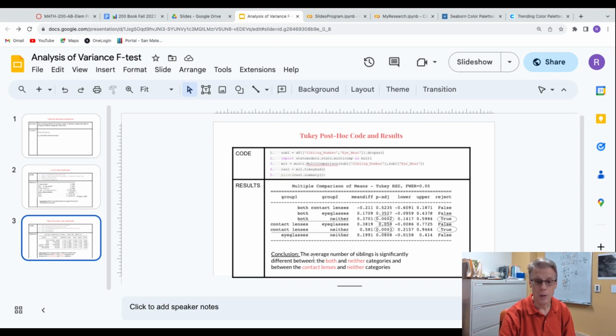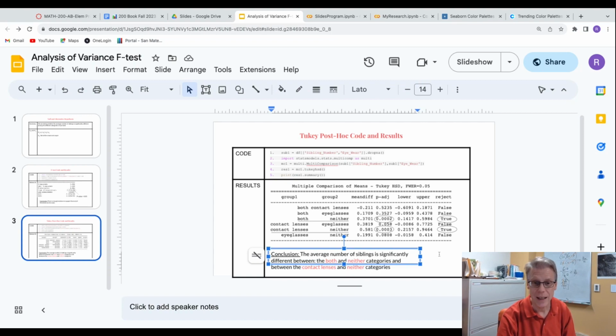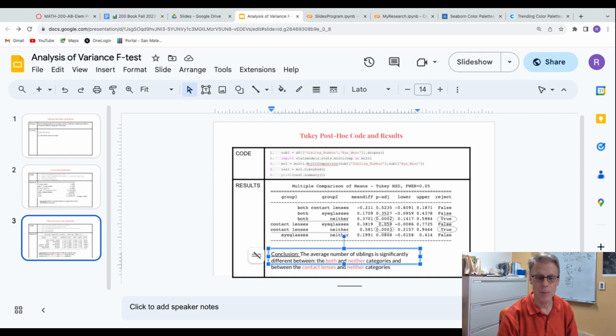So my conclusion, I worded that with the average number of siblings is significantly different between the both and neither categories and between the contact lenses and neither categories. And that's it. And I should probably change this just a hair. And so what you'll see when you actually go to this slide, because I'm changing it right now, is this is going to be a little bit different.